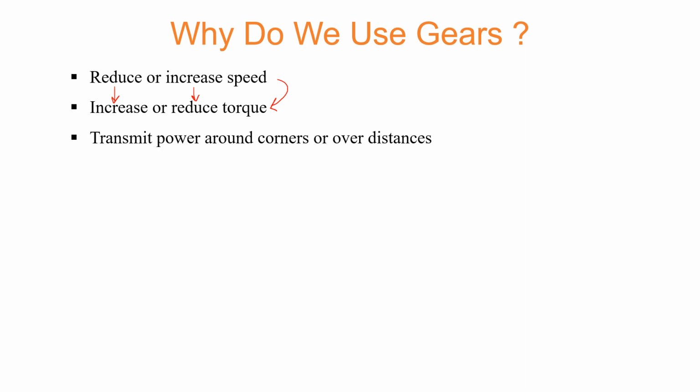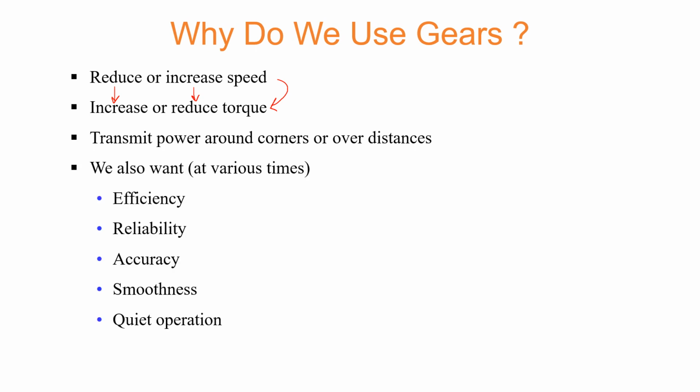And then if the requirement is to transmit power by changing directions, for example, in order to allow transmission around corners, or to cover distances in order to have input on one side and output somewhat distanced from the input, you can use the gears.